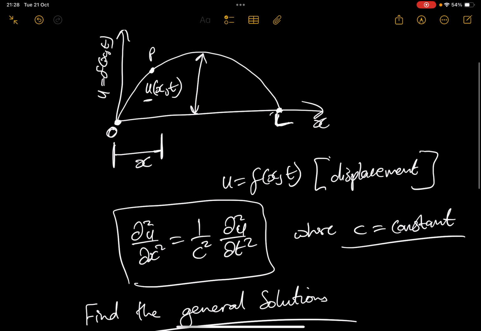So now sine 0 is 0, cos 0 is 1, so this is 0 is equals to a times c cos pct plus d sine.